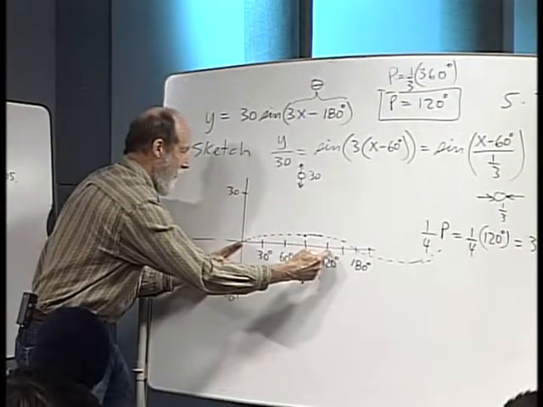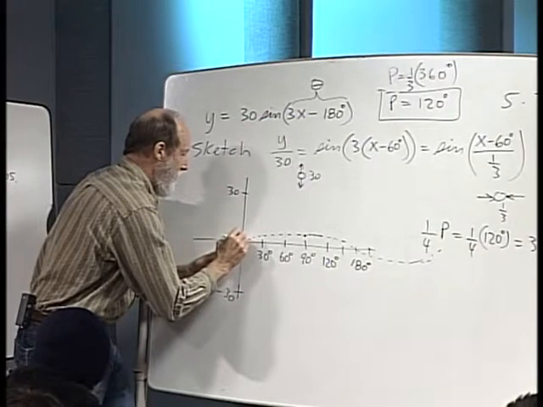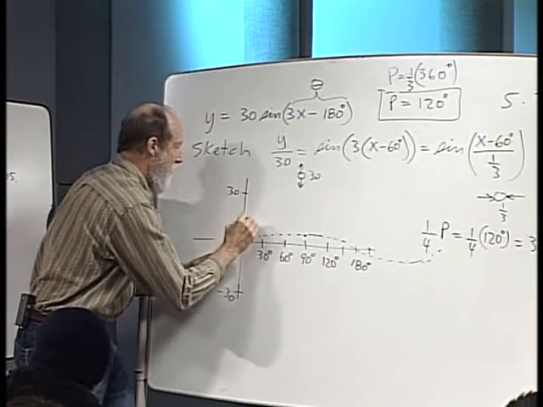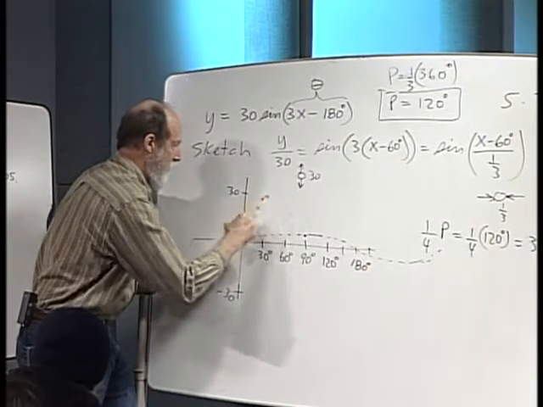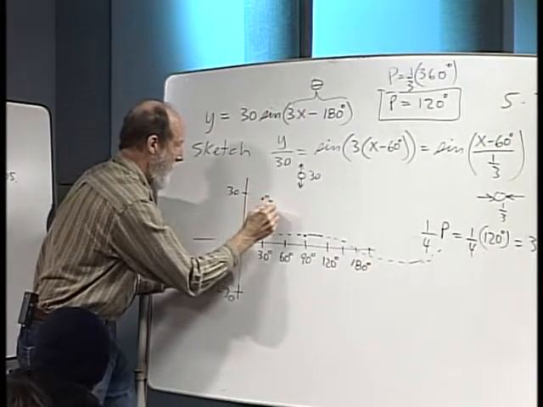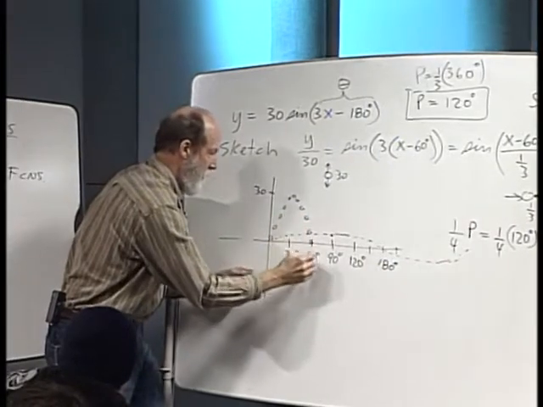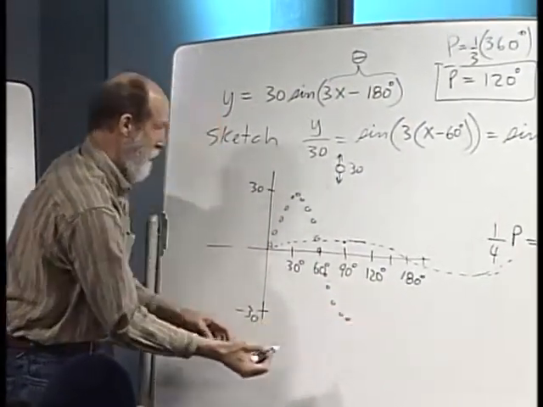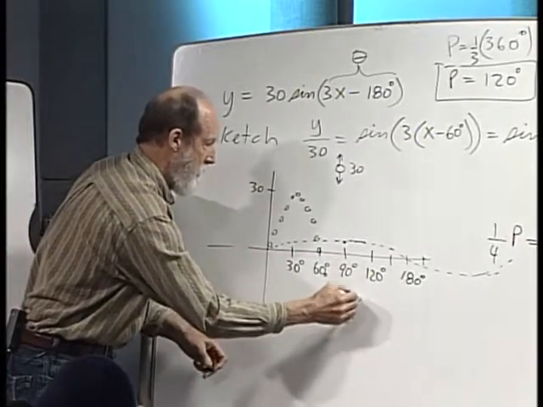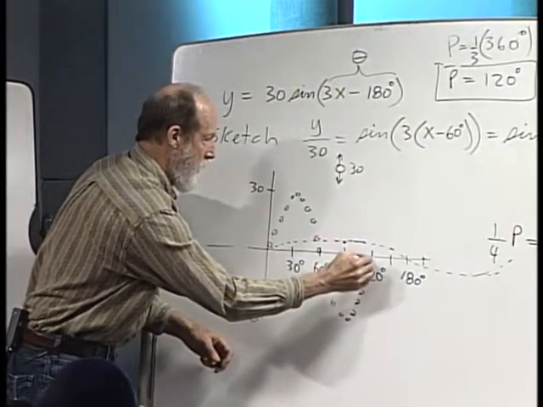Now I want to sketch that first, lightly, for a reason. That's not a very smooth looking thing, but do you see how I use the quarter cycle points to help me? Is that looking pretty good? Not bad on a whiteboard.